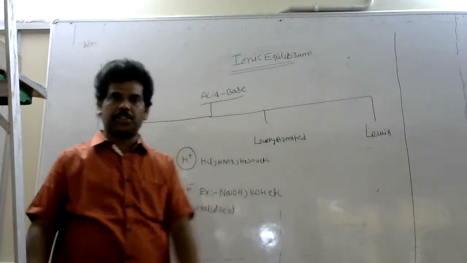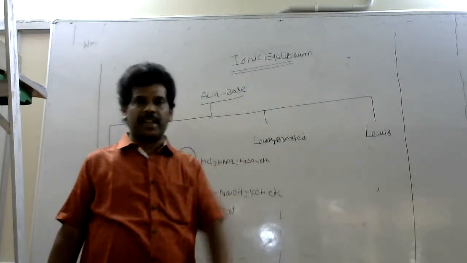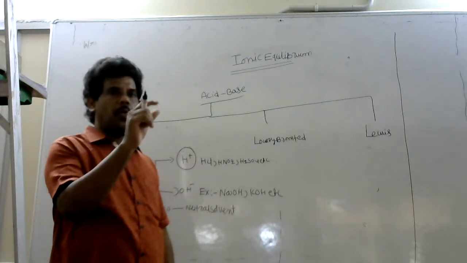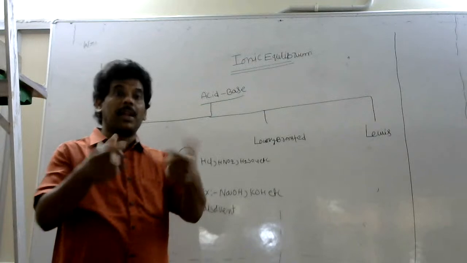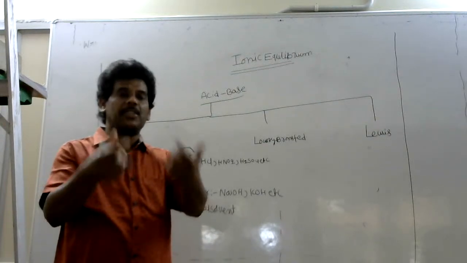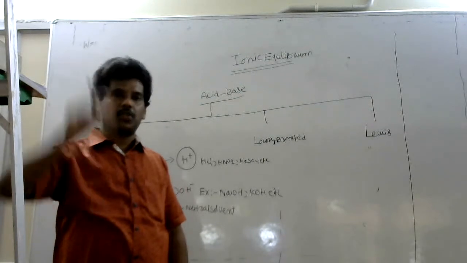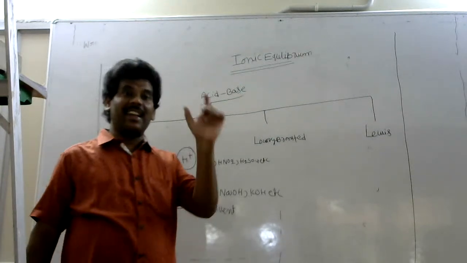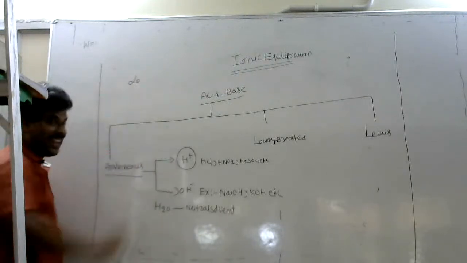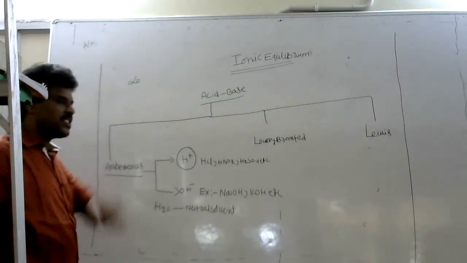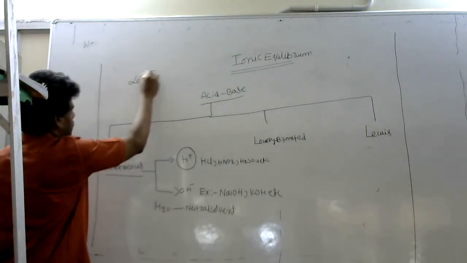For example, a substance of 1 mole dissolved in water, how much percentage of ions undergo dissociation? Based on degree of dissociation, according to Arrhenius theory, alpha value equal to 1.